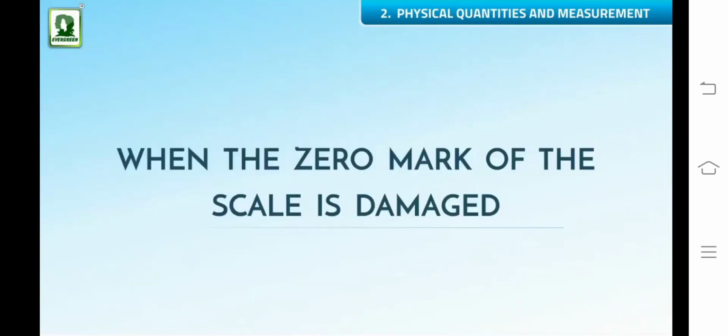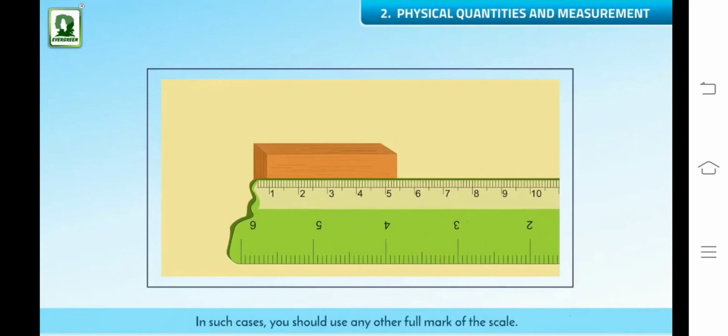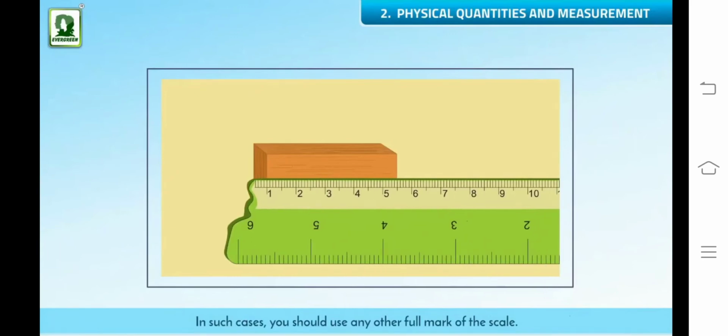When the 0 mark of the scale is damaged, due to the repeated use, the left end of the scale carrying 0 mark gets damaged. So in order to measure the length of the object, we actually do not start from 0 mark of the scale. In such cases, you should use any other full mark of the scale.